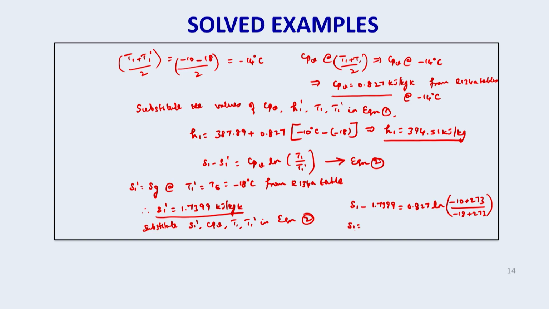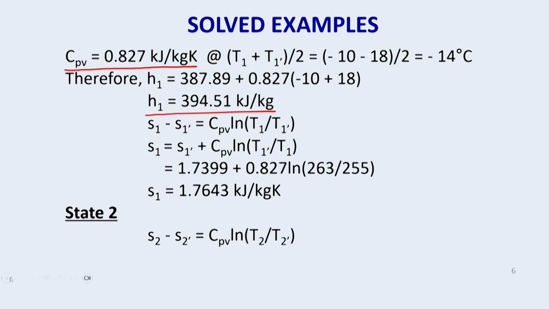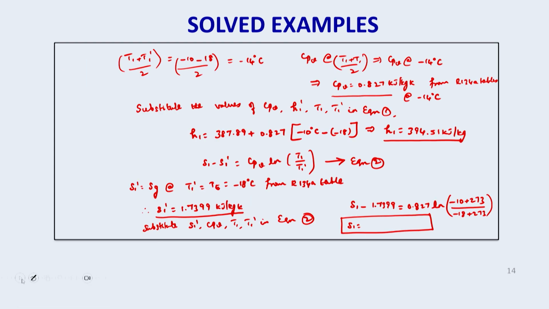We will get the value of S1. See here, this is minus 10, that is 263, that is minus 18, 255 Kelvin. So you will get the value of S1 as 1.7643 kilojoule per kg Kelvin.